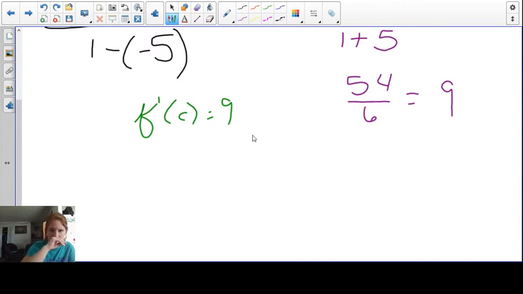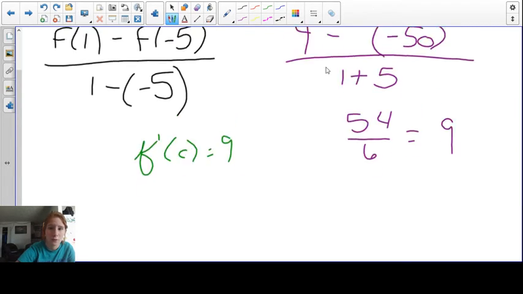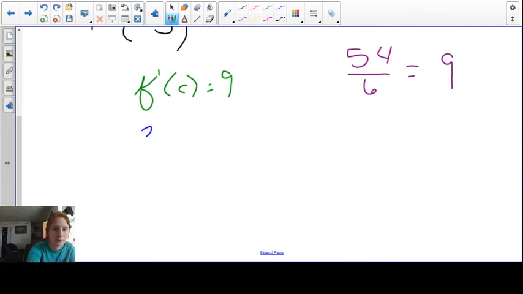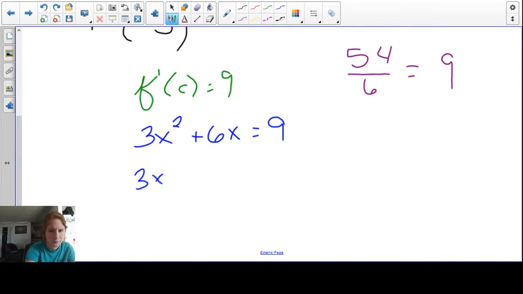So then what I do next, according to this theorem, is I take the derivative of my function, so the derivative of this would give me 3x squared plus 6x, and that would be equal to that value of 9. So I move over that 9. I go ahead and I factor, because I'm still trying to find x values.